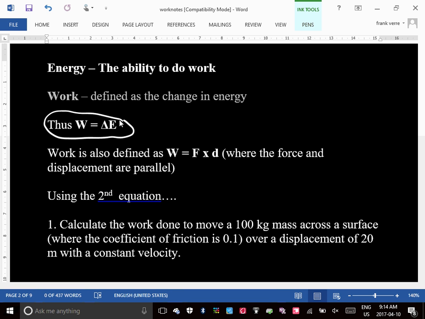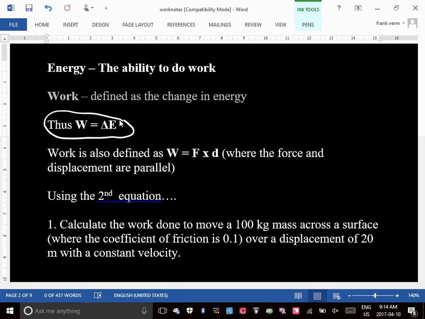If I asked you to give me an example of work, would lifting a barbell be an example? If we do work on the barbell, you're changing its energy, because you're lifting it up. And you know that if you let it go, it's going to fall and hit the ground with a lot of energy.